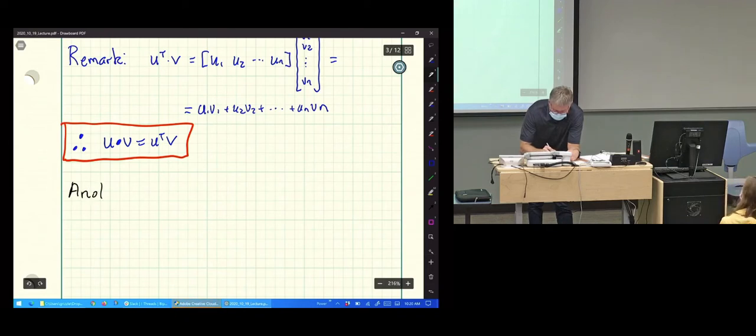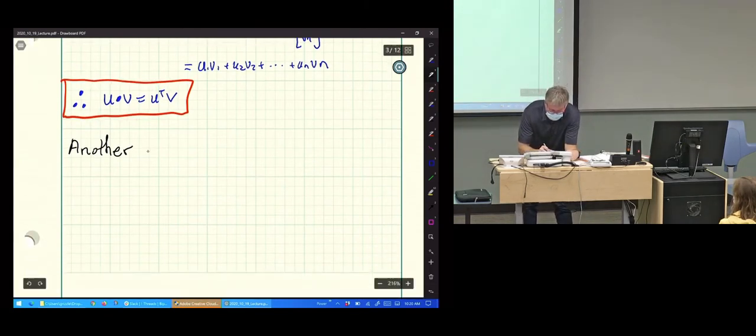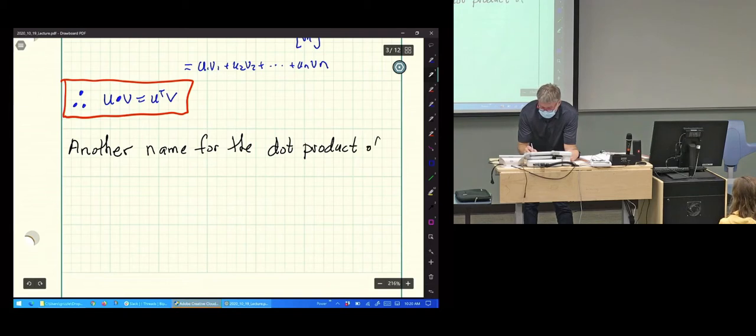Now here's the thing, in mathematics, notation is still floating around. It's not 100% fixed yet. So another name for the dot product of two vectors is inner product.